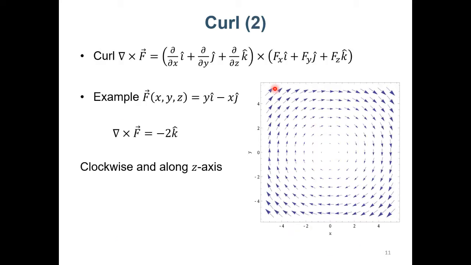So this is an example field for the curl. For example, if you have a vector field f like y times i minus x times j, then you can calculate that the curl of f is minus 2k.